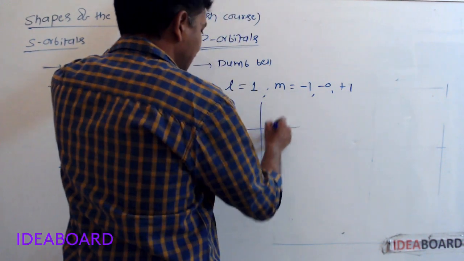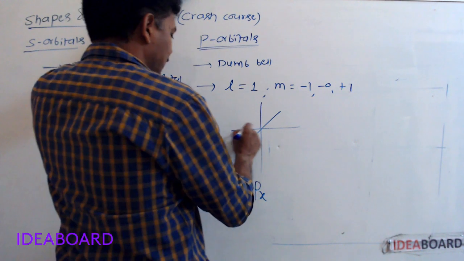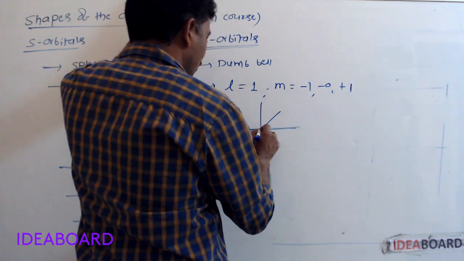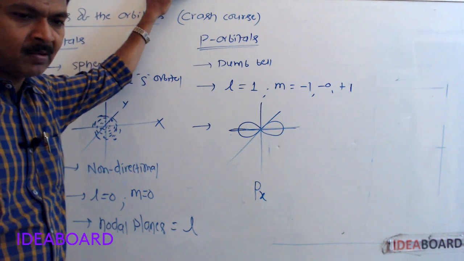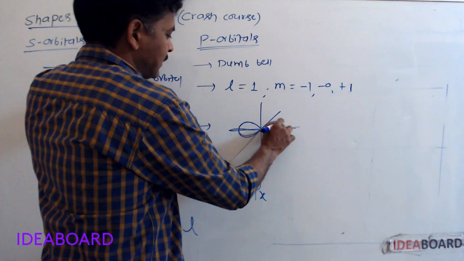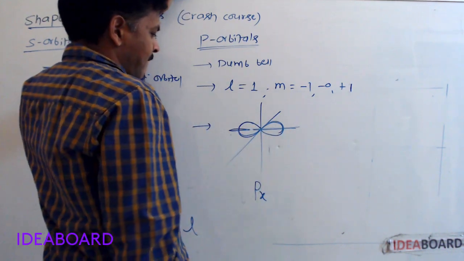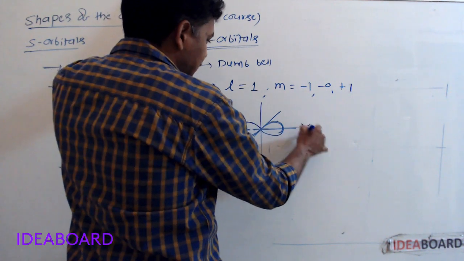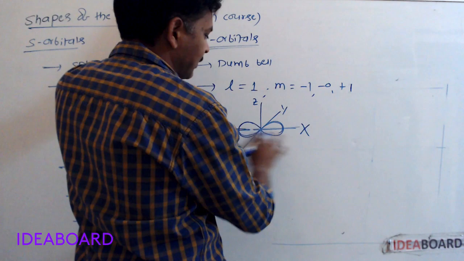If we take px orbital, lobes are oriented along the x-axis. 2 lobes are present. So along the x-axis, the probability of finding of electron is maximum.